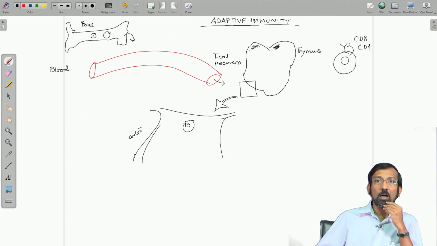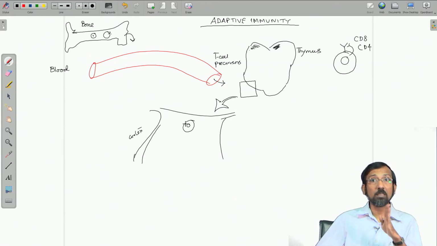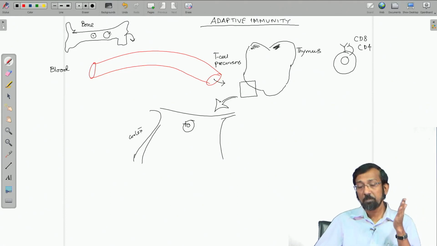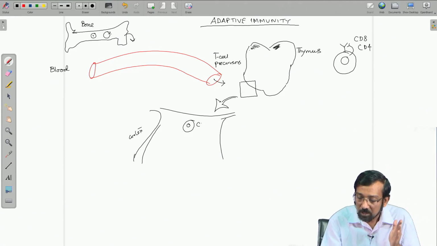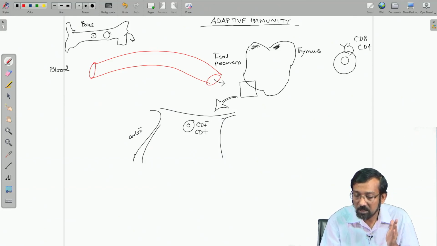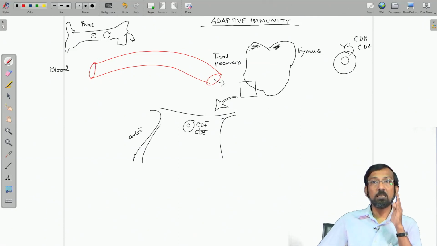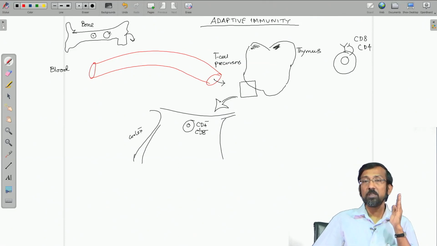These cells start to mature inside the thymus, and since they are not expressing either of the two co-receptors, CD4 or CD8, these cells are CD4 minus CD8 minus. The CD4 and the CD8 are the markers of these T cells.